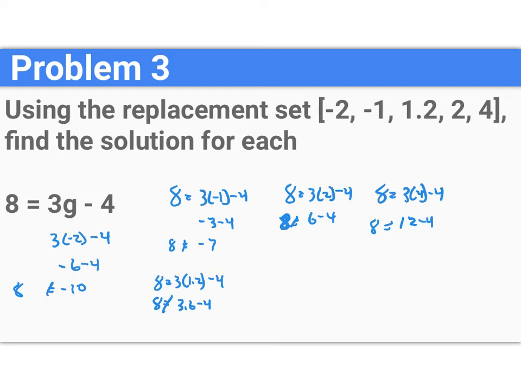This is the only one that's true. So the only solution for this one is 4. Everything else is a false statement. 4 makes this equation a true statement. And you'll see that with equations, there will be one solution.